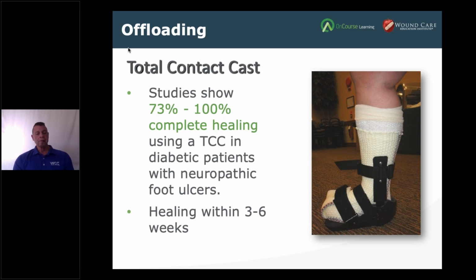Now understand, the TCC is not the holy grail. All you have to do is get a TCC and it's all done? No, you have to deal with all the basics. The wound's got to be nice and healthy and clean. You're treating the underlying medical condition. All the factors have to be there. But this is just how important that offloading is, okay? Because if you get all the other factors in place, but they keep walking on it, you're not going to see this wound heal, okay?